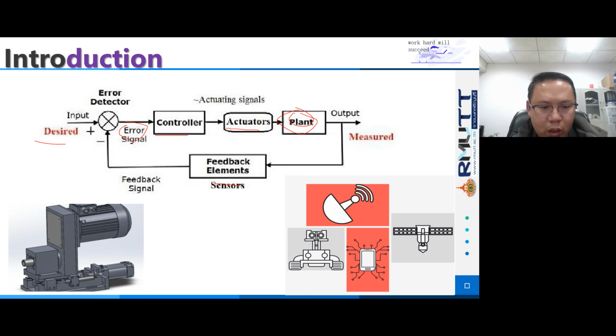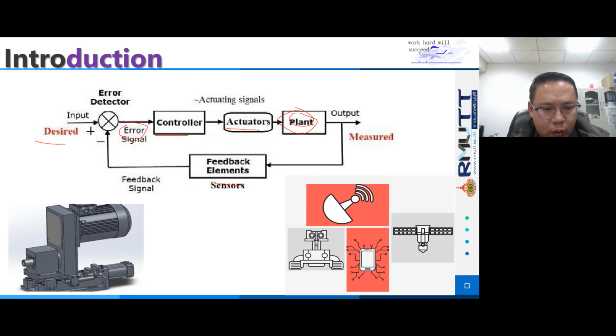The controller, such as a PID or PLC controller, processes the error and determines the proper proportional control signal to apply.